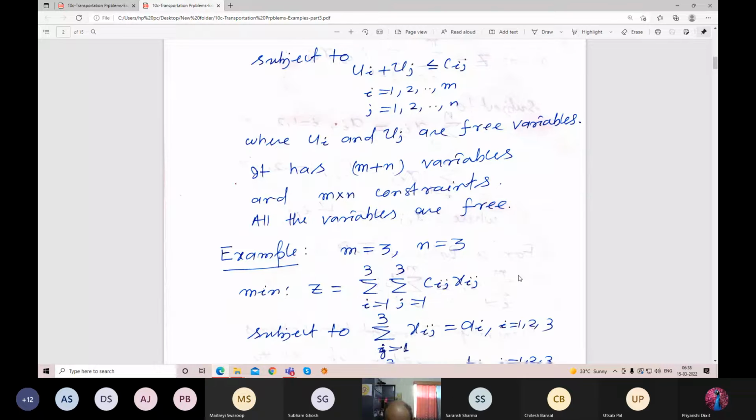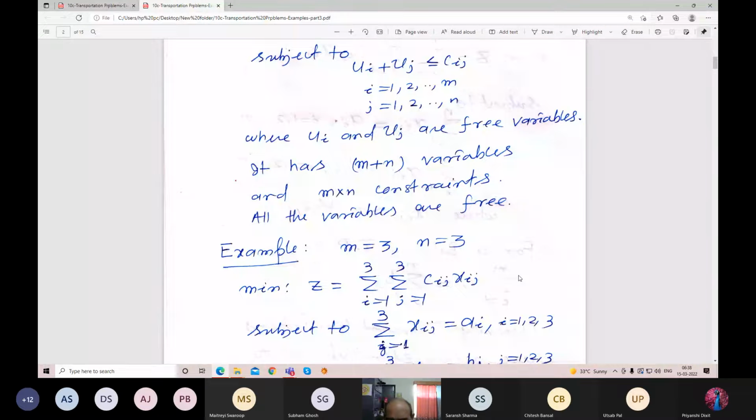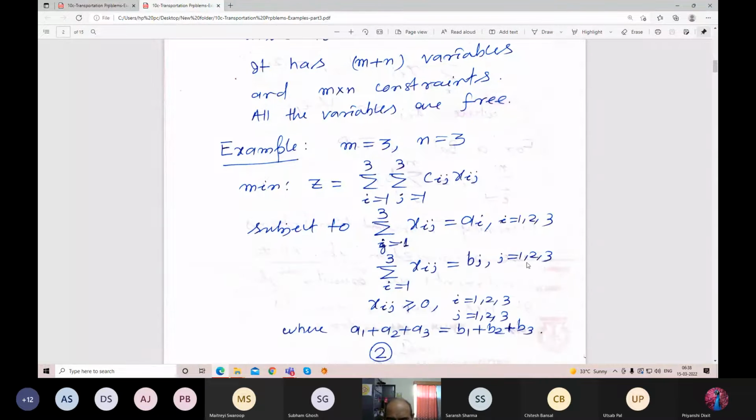Now, instead of a 2x2 problem, if I consider a 3x3 problem, so m equal to 3, n equal to 3. The primal one is like this: minimize z equal to summation over i varies from 1 to 3, j varies from 1 to 3, cij xij, subject to summation over j varies from 1 to 3, xij equal to ai, i varies from 1 to 3.